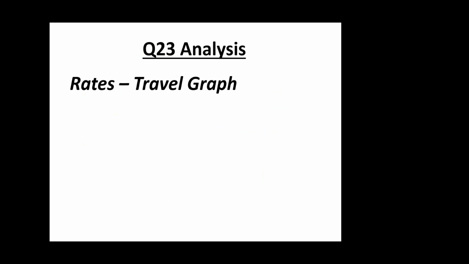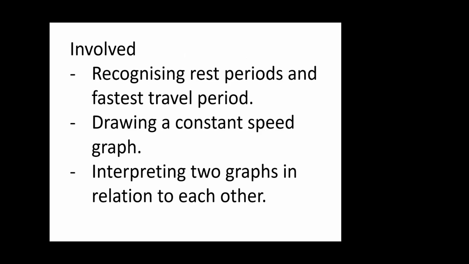The next question we're going to look at is question 23. It was a travel graph, and students had to recognise a few things in this. Rest periods, the fastest travelling section of the graph.